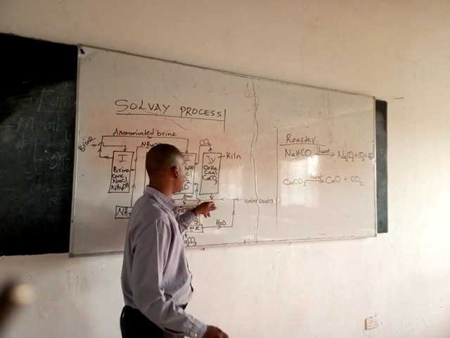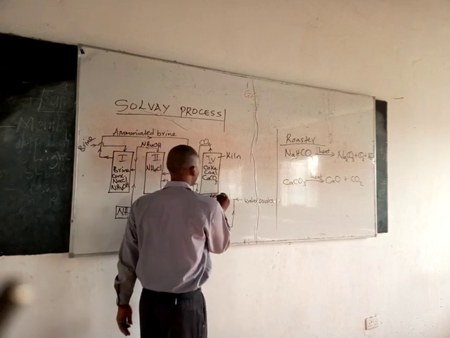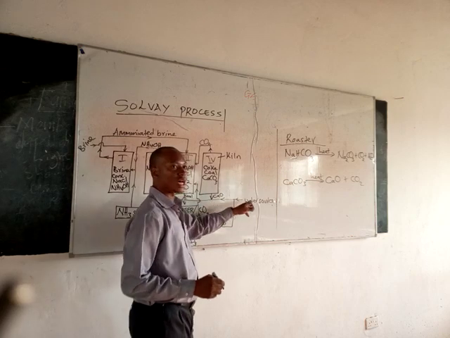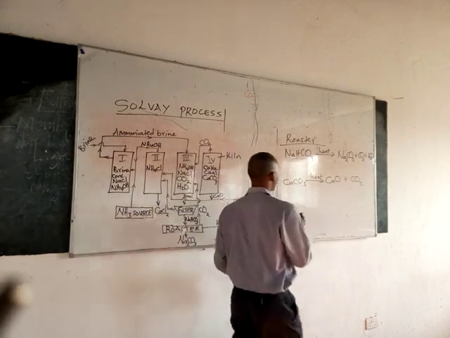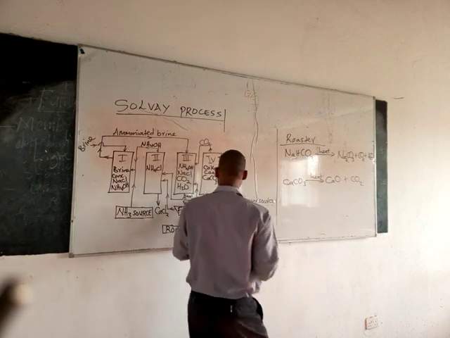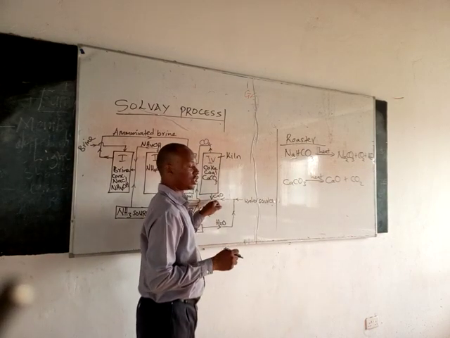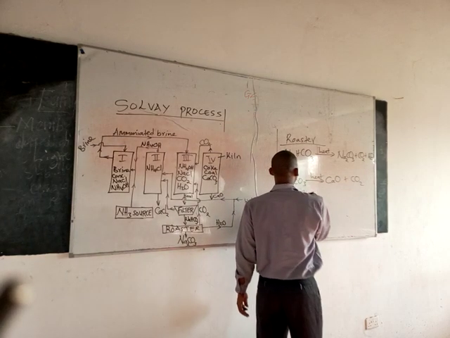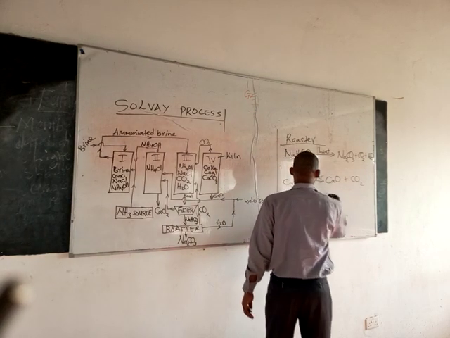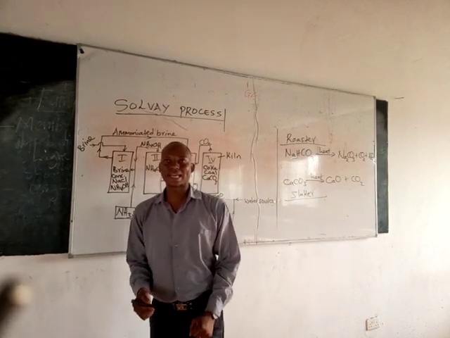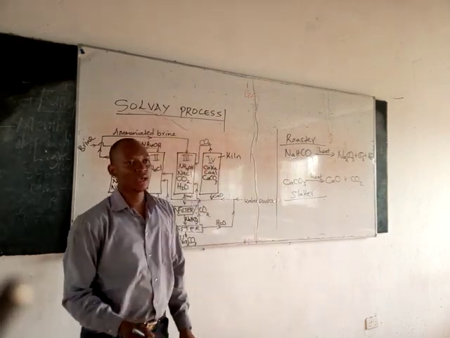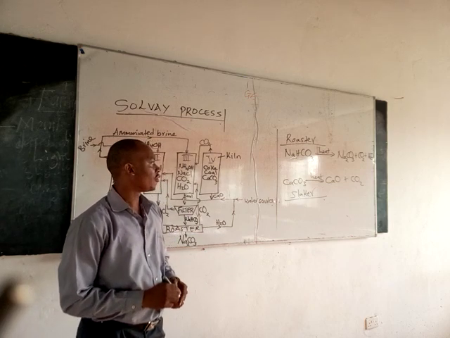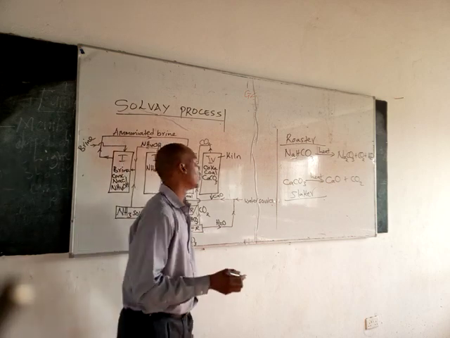This is the arrow leading out calcium oxide, where it is made to combine with water. This reaction will take place at the slacker. At the slacker there is a process called slaking, which involves chemical combination of water and calcium oxide.